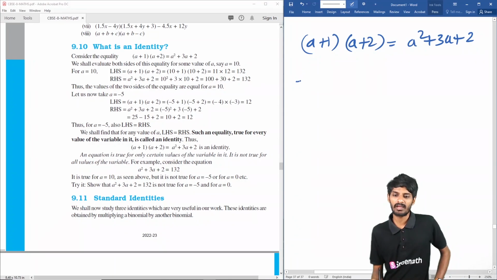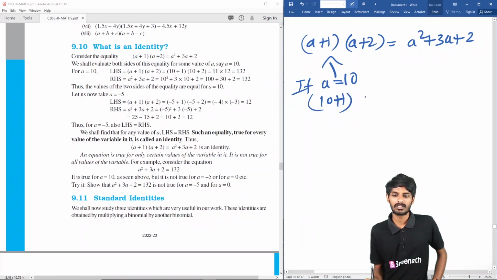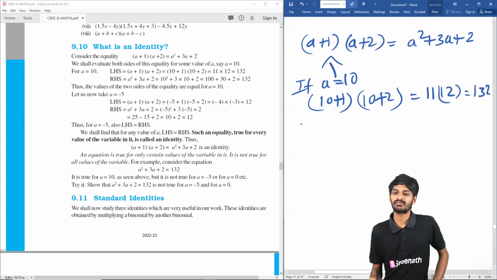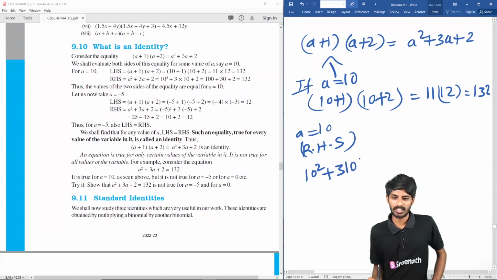If I substitute the value of a equals 10 in LHS, it is (10 + 1) into (10 + 2). It is 11 into 12, it is 132. If I substitute a equals 10 in RHS, that is 10² + 3 into 10 + 2, which means 10² is 100 plus 3 into 10 is 30 plus 2, which is 132.